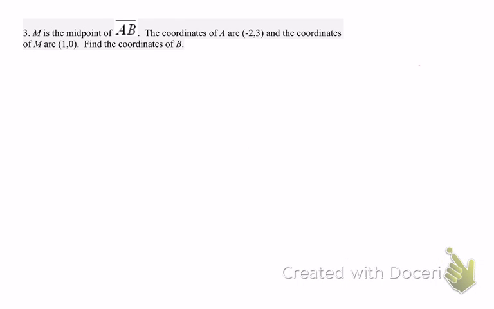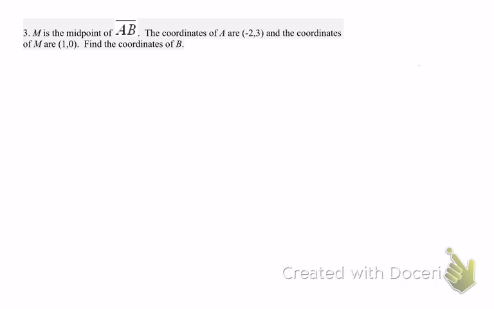All right, so the next question asks, M is the midpoint of AB. The coordinates of A are -2, 3, and the coordinates of M are 1, 0. Find the coordinates of B. So this is just like the previous problem, except now we're only given one endpoint and a midpoint. So let's write down all the information we have.